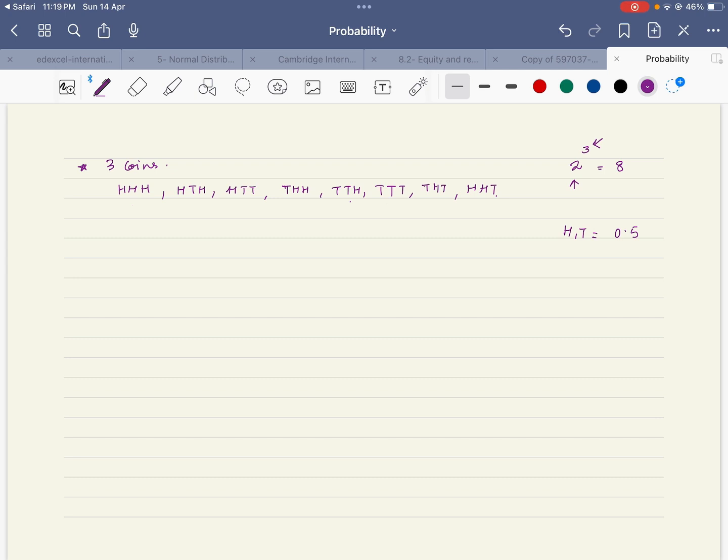If it's not adding up to 1, we are doing something wrong. Even for a dice, I said probability of all of them occurring is 1 by 6. If you add all the 1 by 6, meaning adding 1 by 6 six times, you will get sum of probabilities equal to 1. Right? 6 upon 6 equals 1.